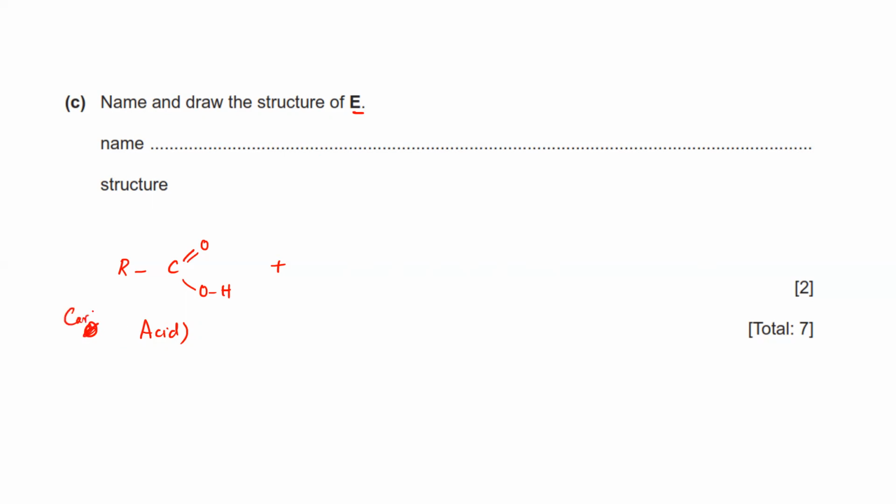And then it reacts with alcohol, which is R-OH. When the bonds are broken, you have to form an ester out of it. So the ester becomes something like this.